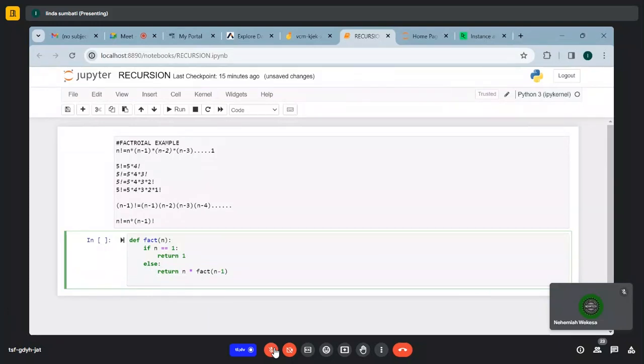And that is the recursive step. Then it goes ahead. If it again finds that the n value is not equals to 1, it again calls itself. It calls itself until it reaches the base. Then it stops now, and then it executes the output.